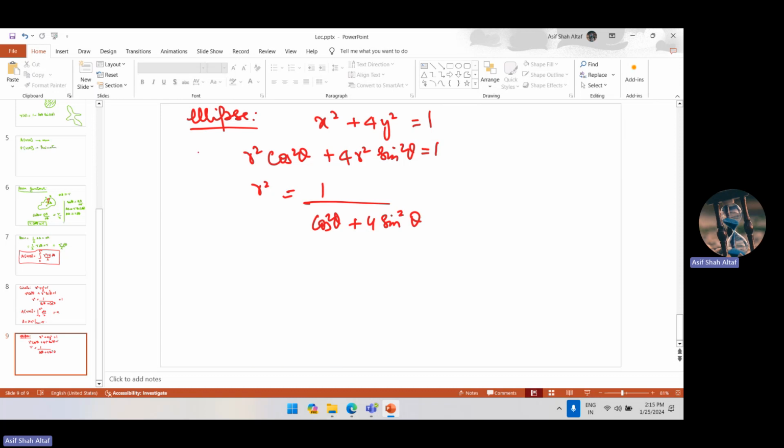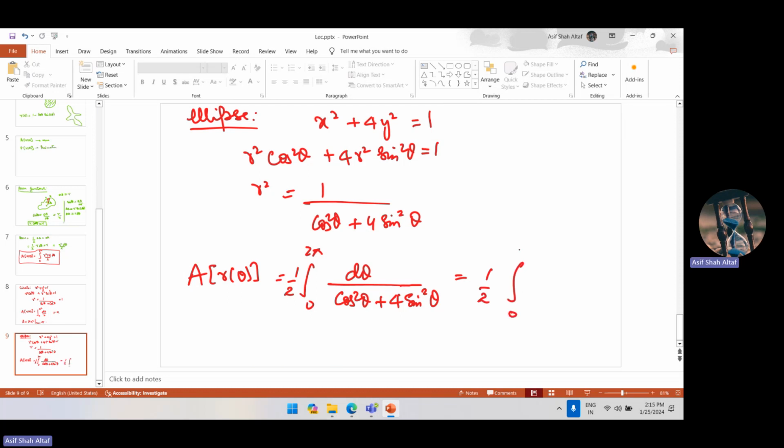So what we'll do is we will just plug this formula into the area functional, which will give us this integral.